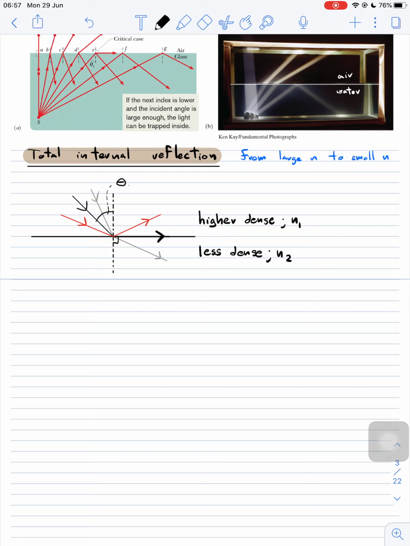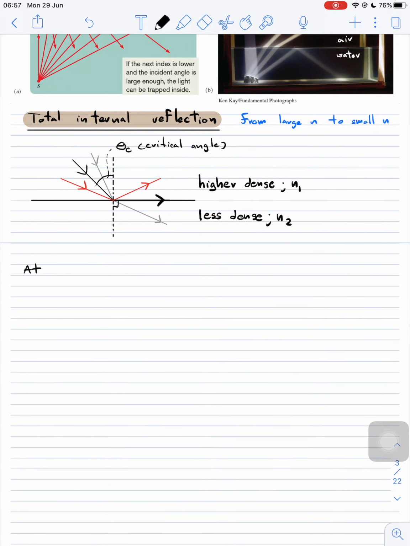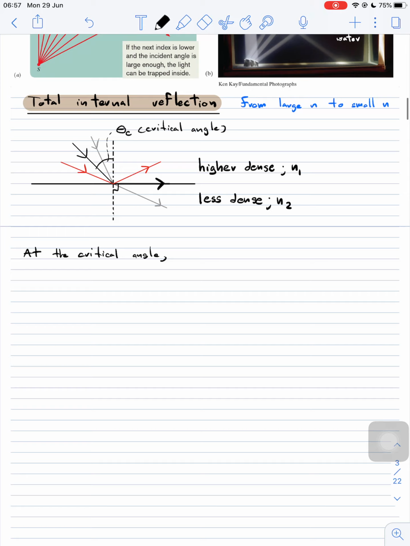I will use the symbol theta c for the critical angle. So at the critical angle, the angle of refraction is equal to 90 degrees.